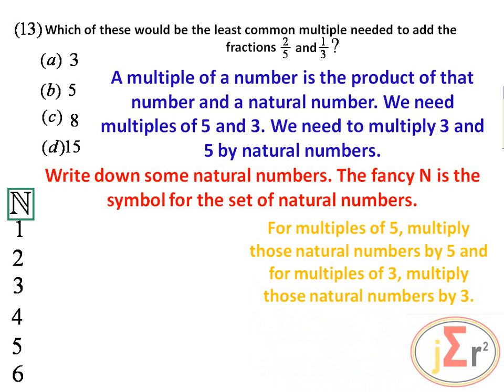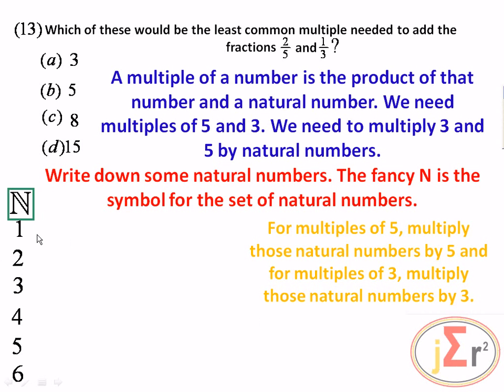For multiples of 5, multiply those natural numbers by 5. And for multiples of 3, multiply those natural numbers by 3. So what are the multiples of 5 that we will have here, Jerry? 1. What are the multiples of 5 that we will have there?